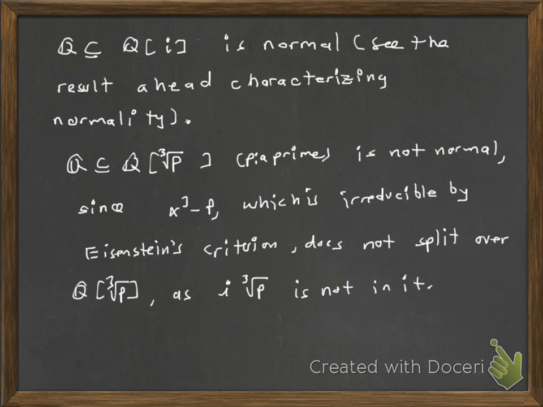On the other hand, this extension fails to be normal because x cubed minus p is irreducible by Eisenstein's criterion, and this is one of the roots there, but this one, which is another root of this polynomial, is not contained in the extension.